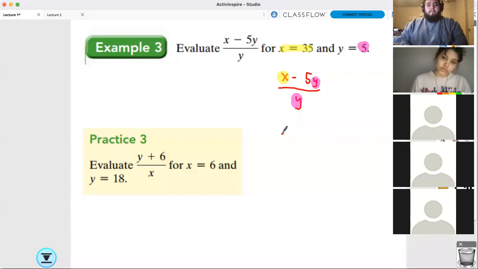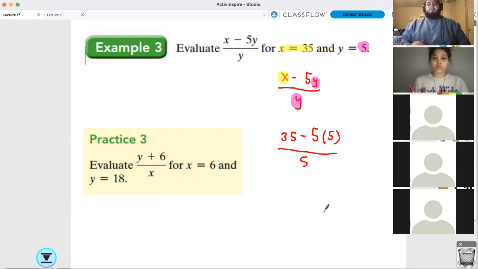So I'm going to get 35 minus 5 parentheses 5 over 5. All I did is plug it in. Because remember what I said earlier, when we have a number next to a letter, they're going to be multiplying. Well, we're plugging in 5 for y, so they're still multiplying, class.